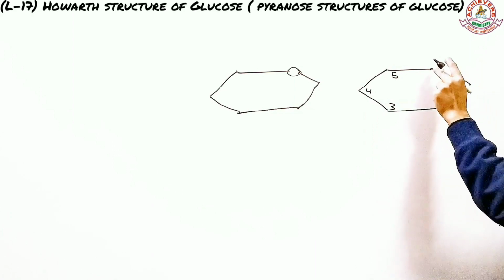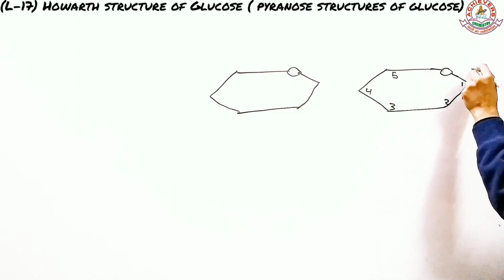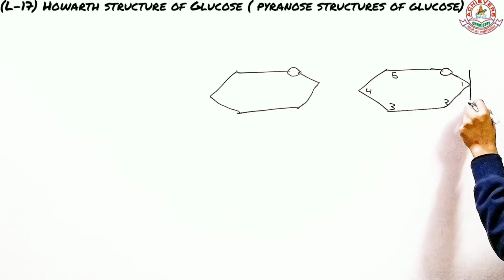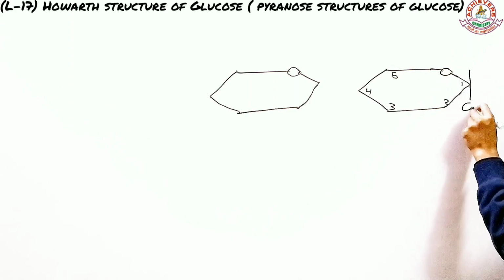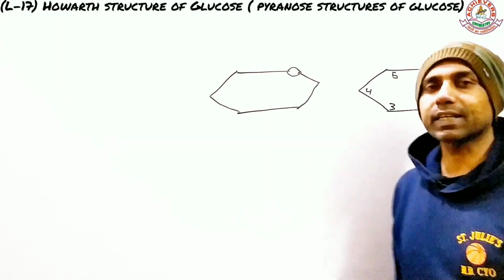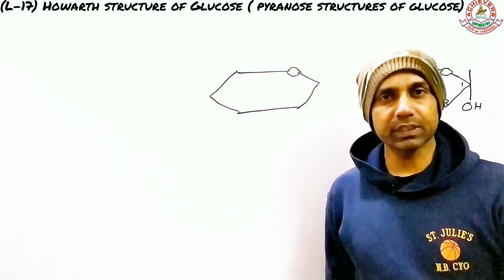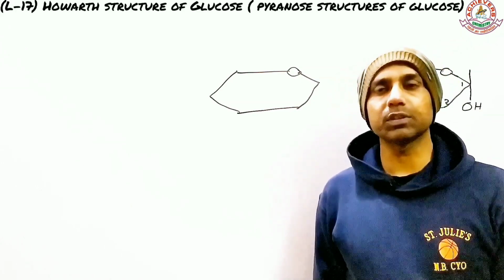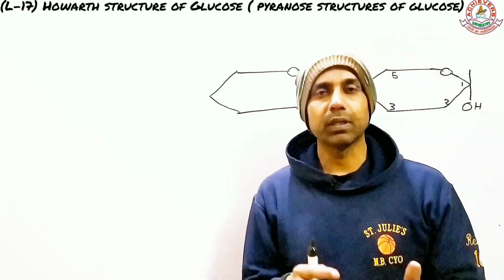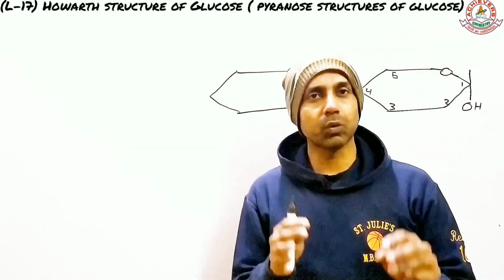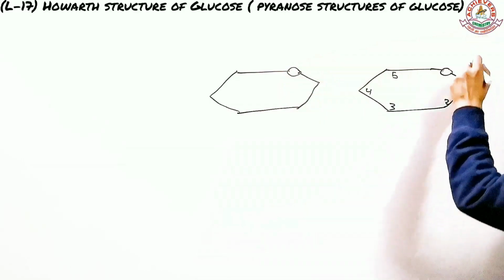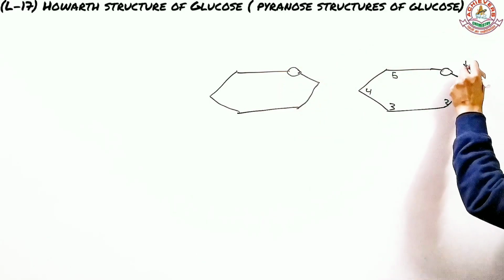So what in the Haworth structure is, on the first carbon, the OH is on the down way. I've already explained why this happened in the previous lecture, but right now I'm trying to make you remember how Haworth structure is written. So on the first one, the OH is down here, H is up here.